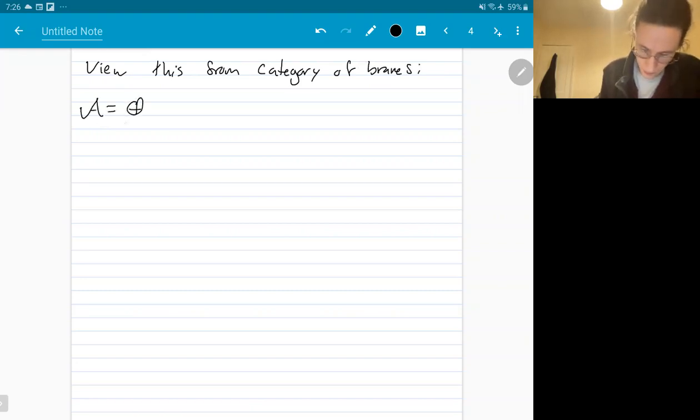So the homogeneous coordinate ring, again, is this direct sum of global holomorphic sections of the tensor products of the line bundle, but we can write it in the following way.